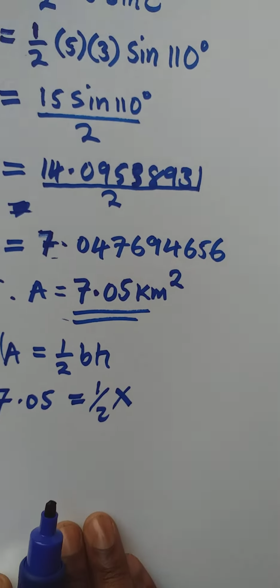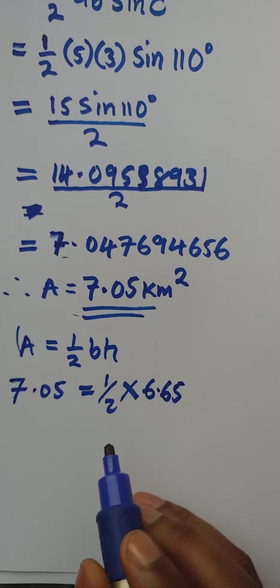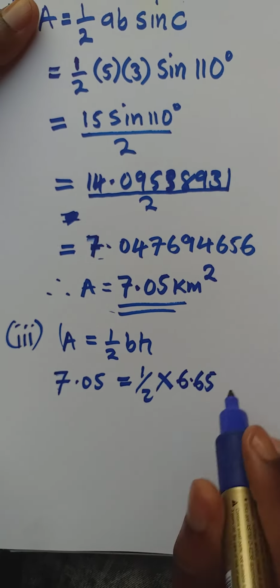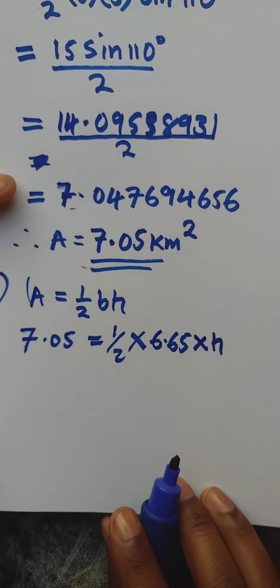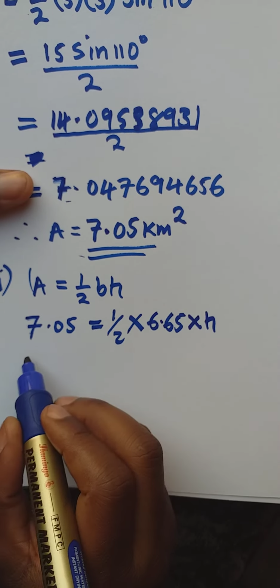So we're going to say our base is 6.65 because they are saying we calculate the shortest distance from K to BP. Then we multiply by the height, which is the shortest distance that we want to find. We don't know it, so we do our calculations.